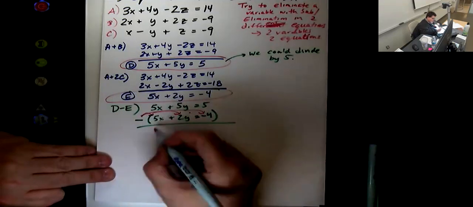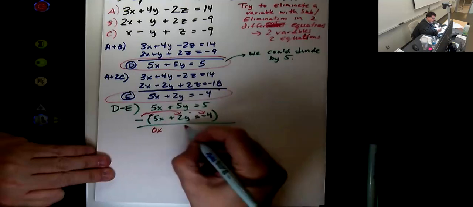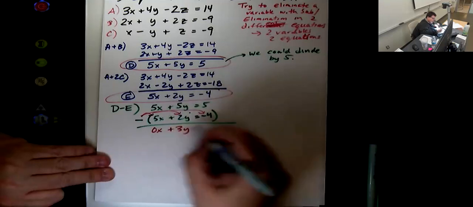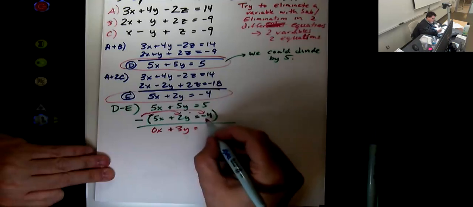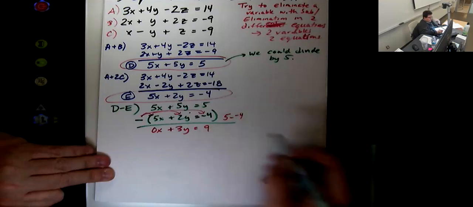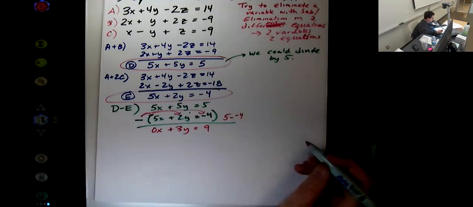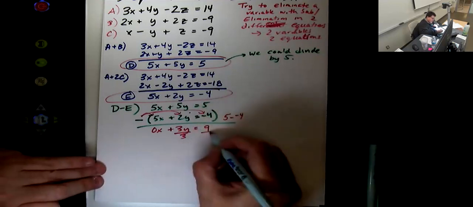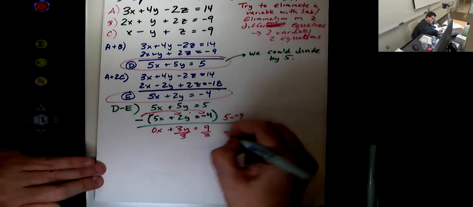So 5x minus 5x is 0x. 5y minus 2y is 3y. And 5 minus negative 4 is 9. Divide both sides by 3 and I get y equals 3.